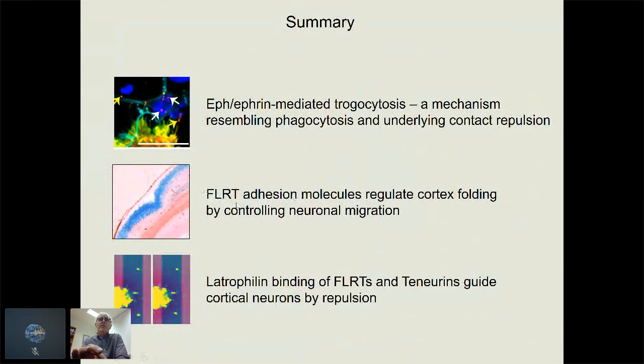Then I talked about flirt, adhesion molecules, and cortex folding. As I said, work in progress. I hope we're going to be making more progress here very soon. And then the last part was on flirts and Latrophilins and Teneurins and how they guide cortical neurons by repulsion.